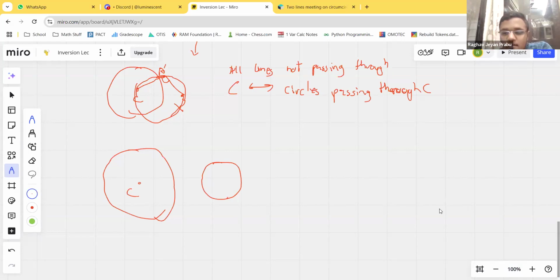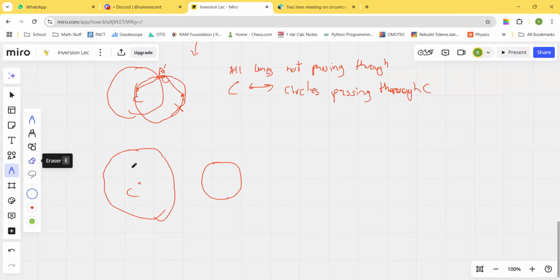Okay. Other people? Radical axis. Radical axis, okay. Anybody else? Same figure inside. Okay, there are some nice guesses.